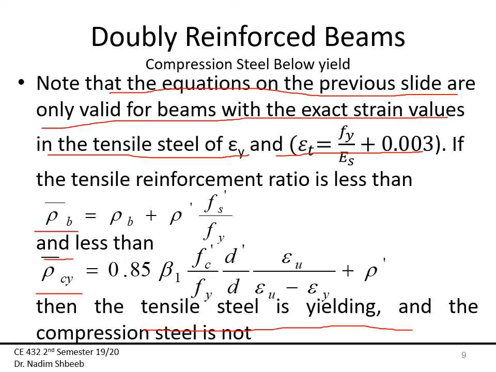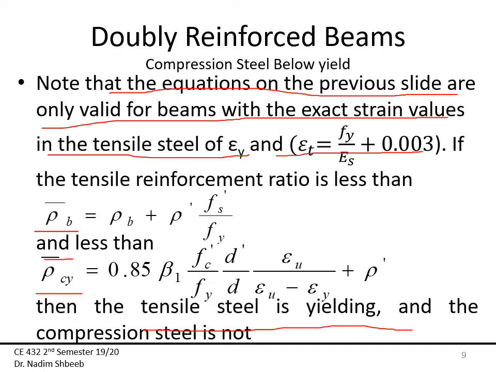Usually for doubly reinforced, we don't have any issue with the yielding of the tensile steel, because rho is always going to be less than rho balance. Again, the rho balance was the deciding factor if my tension steel is yielding or not.